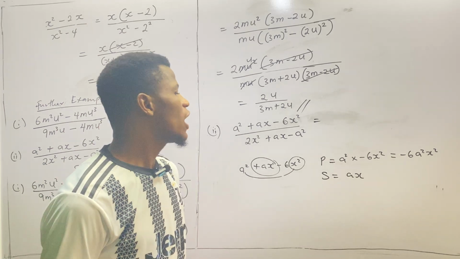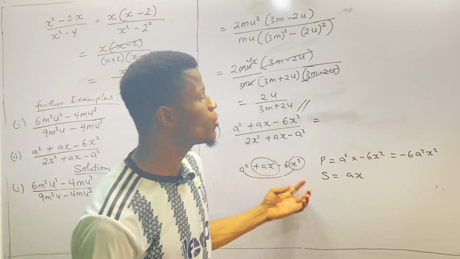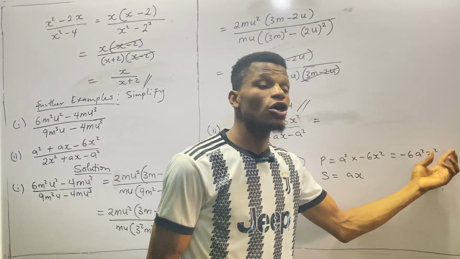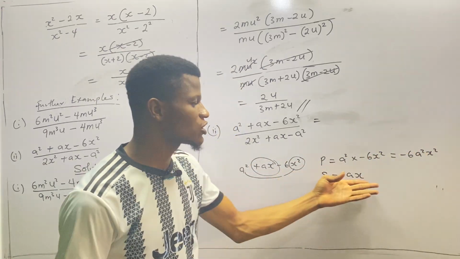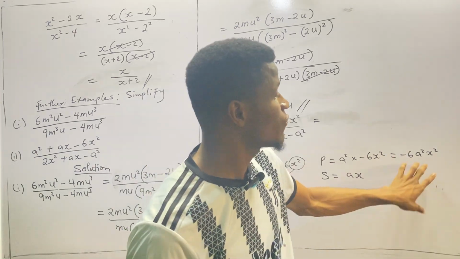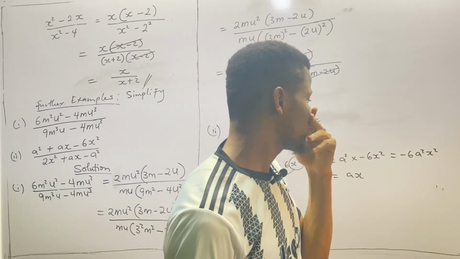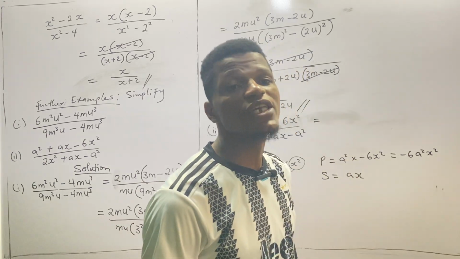So how do we find the two terms? We need the two terms that, when we multiply, give us the product of the roots in the expression, and when we add, give us the sum. To find the two terms, we are going to find the factors of the product. Here we are going to use the coefficient.